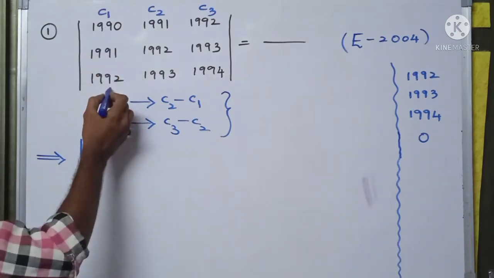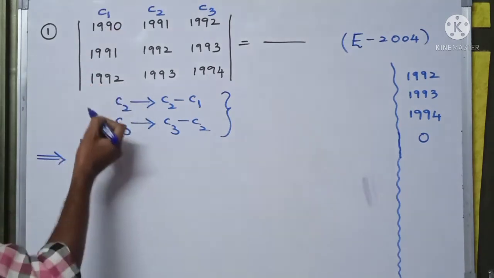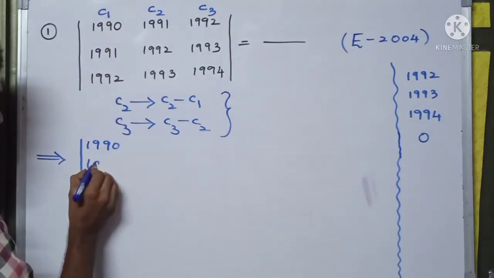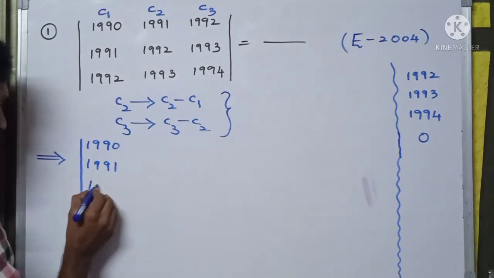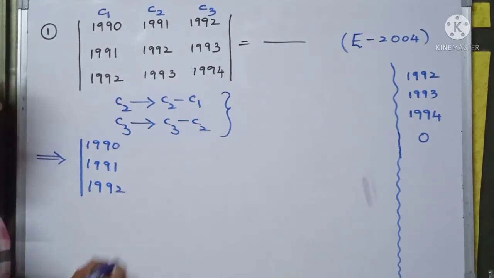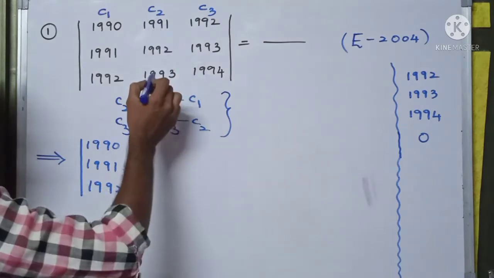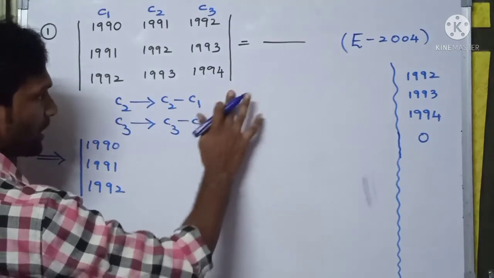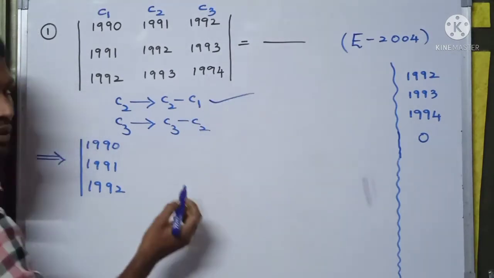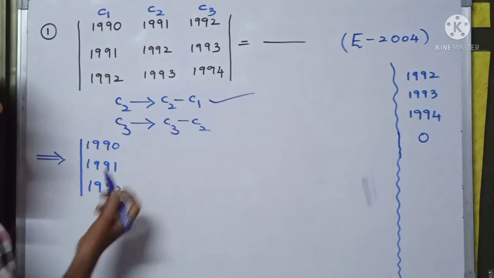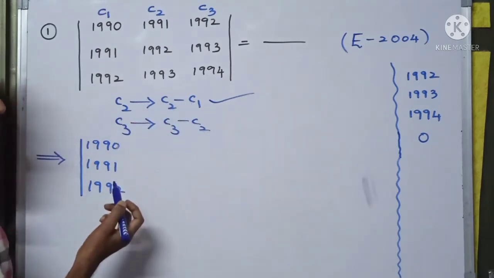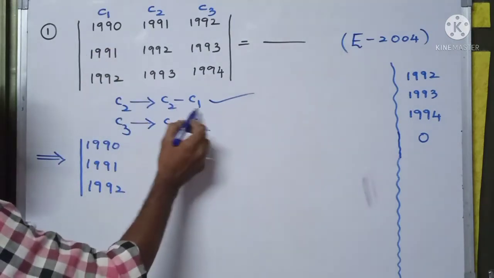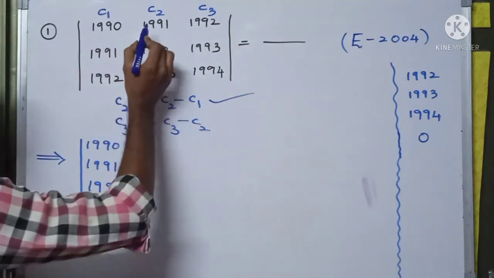The elements of first column are like this: 1990, 1991, next 1992. Next, come to second column. To change this second column, the formula is C2 minus C1. So come to the columns C2 and C1.